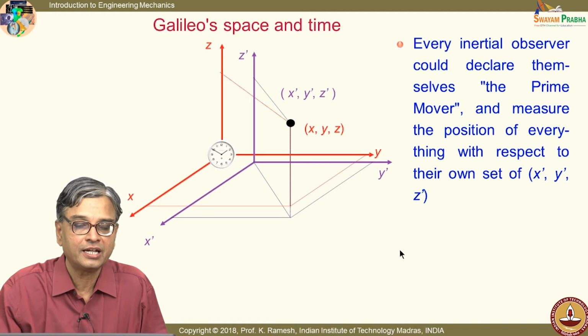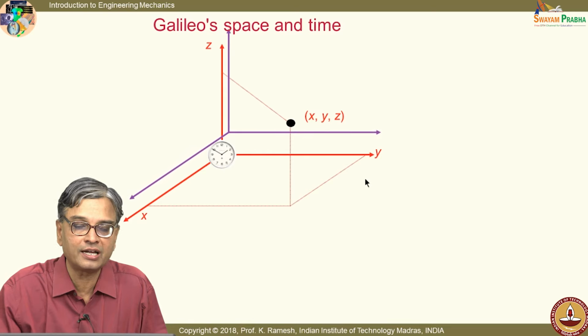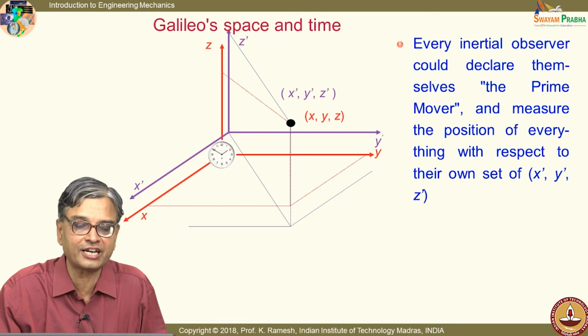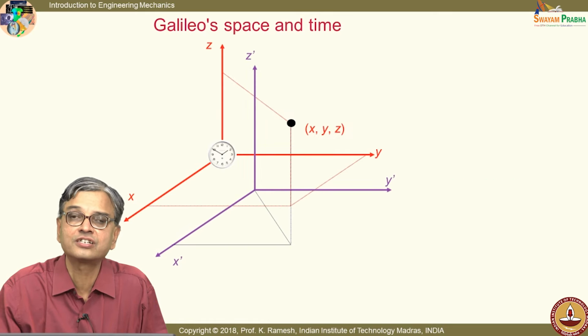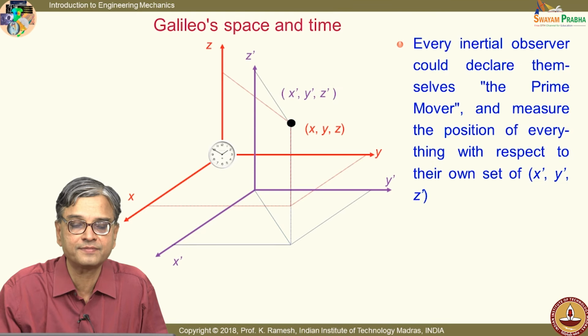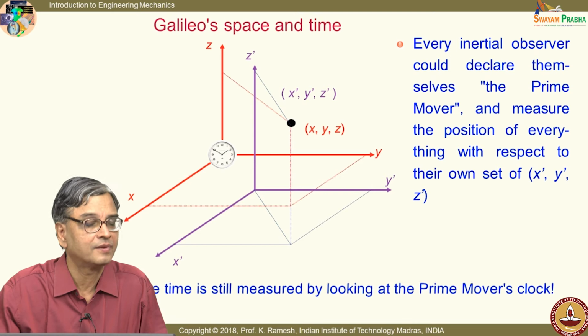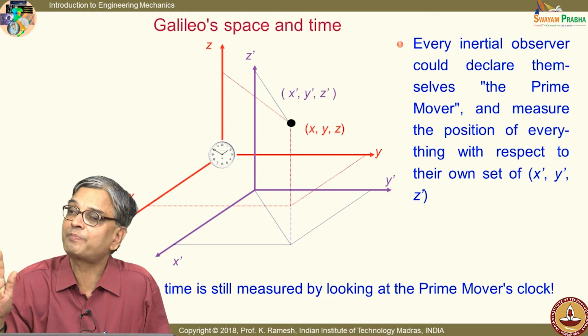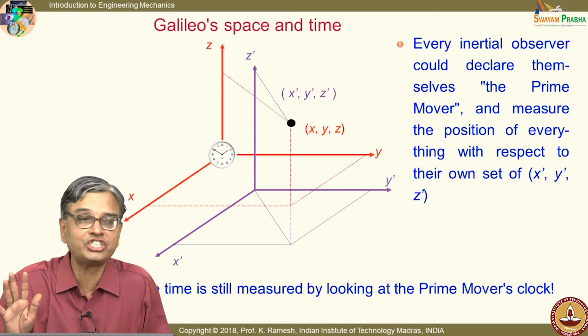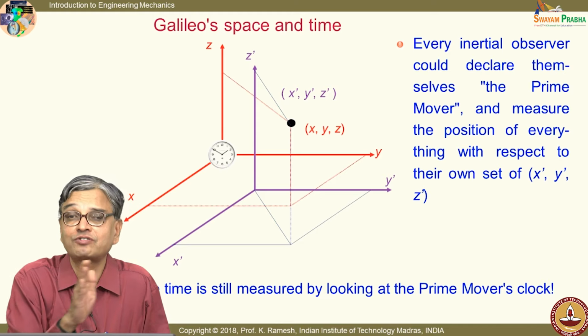It could be in one direction, or another, or a very generic direction. So, he had relaxed what should be the frame of reference, but what did he do about time? He still measured the time from the prime mover's clock. That was not changed. This is a story after 2000 years.